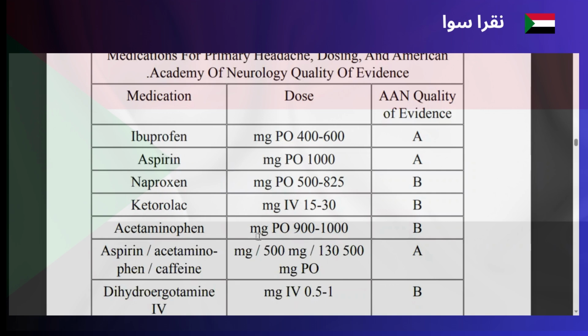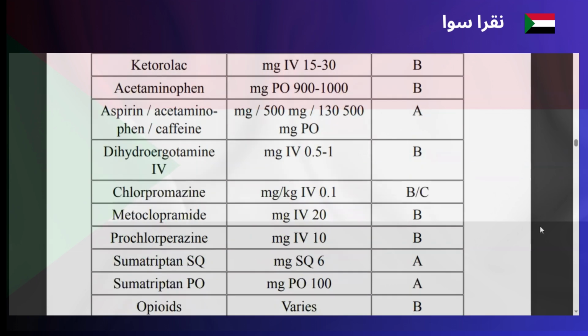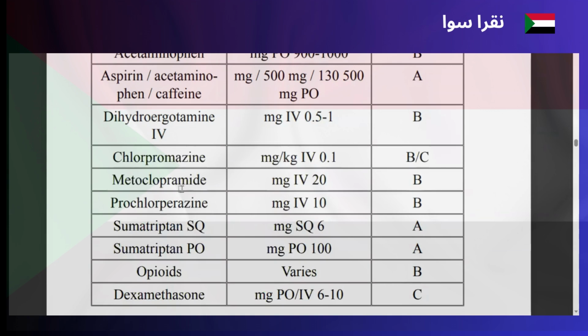Aspirin, acetaminophen, and caffeine 500 milligram. Aspirin 130 and 500 milligram per oral. Dihydroergotamine IV 0.5 to 1 milligram IV.